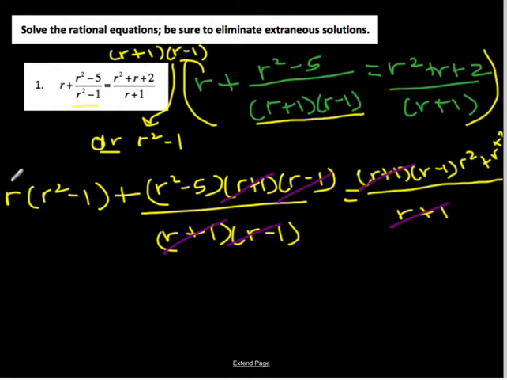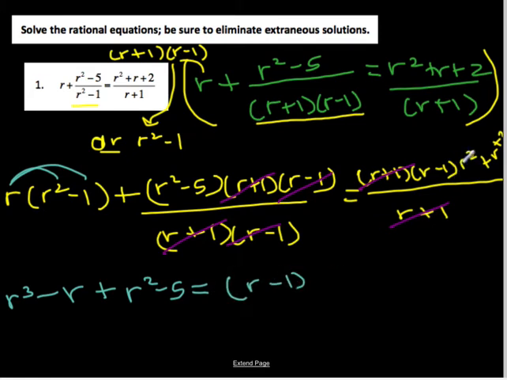So this would give me r to the third minus r plus r squared minus 5 is equal to, all right, I'm going to rewrite the right-hand side, and then I'm going to start simplifying. So we have r minus 1 times r squared plus r plus 2. On my left-hand side, I'm going to rewrite it in standard form.